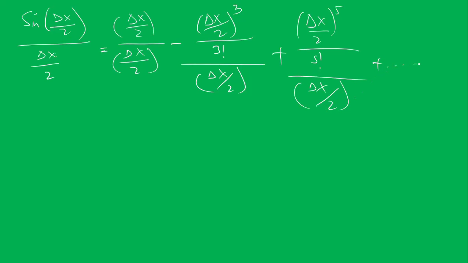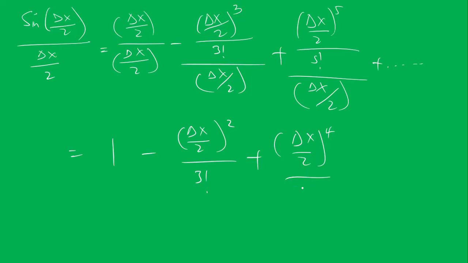So plus, so continue. Now this place will give us 1, minus this will give us delta x all over 2 to the power 2 all over 3 factorial plus delta x all over 2 to the power 4 all over 5 factorial plus.